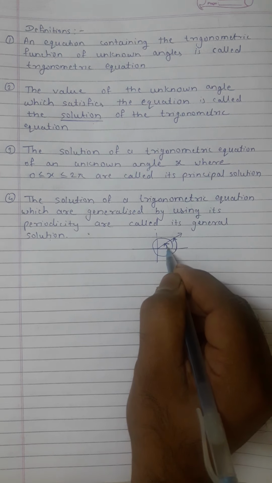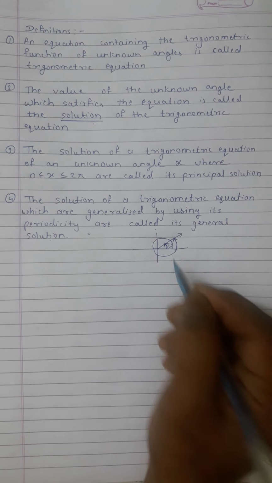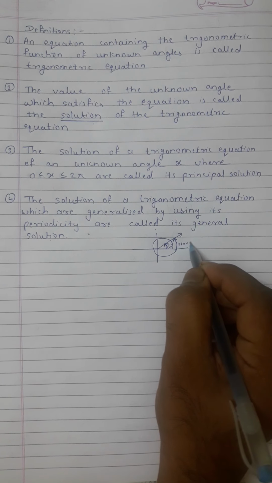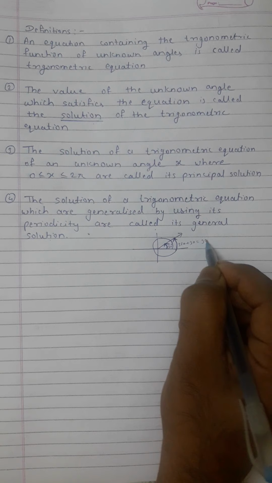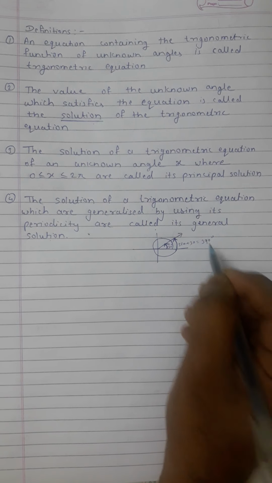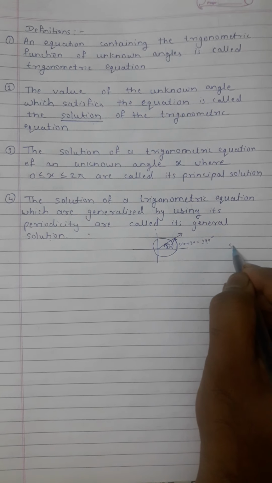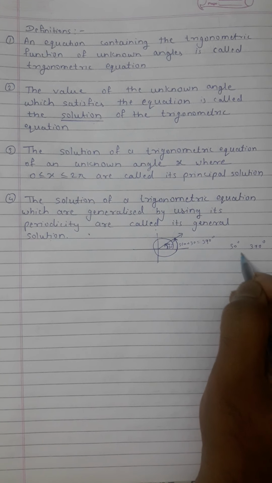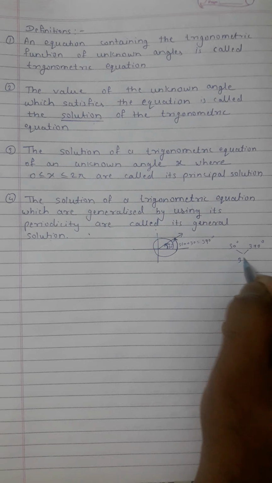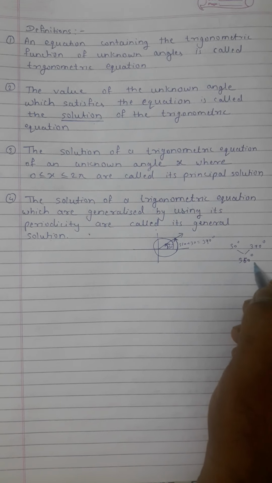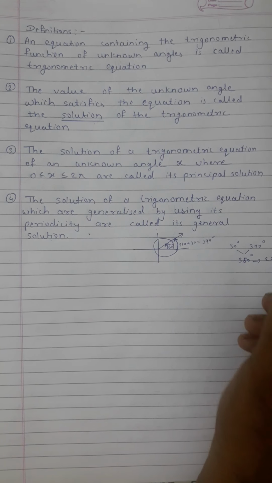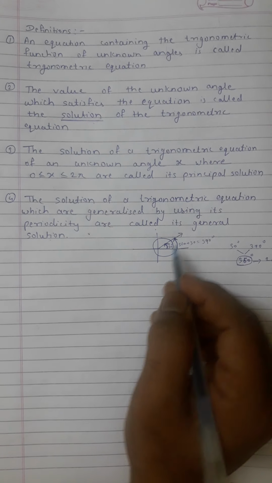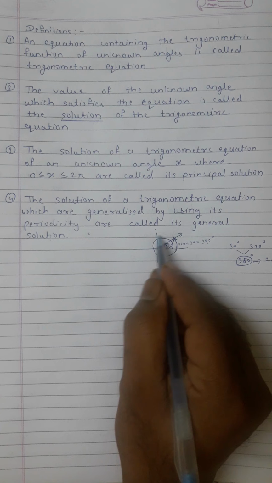After a rotation of 360 degrees, again the same angle repeats. So if this angle is 30 degrees, then this will be 360 plus 30, that is 390 degrees. So 30 degrees and 390 degrees have a difference of 360 degrees, that is one rotation of 2 pi. So after a period of 360 degrees, the same angle is going to repeat.